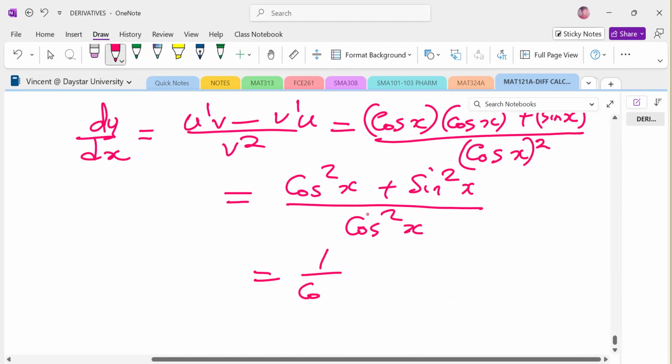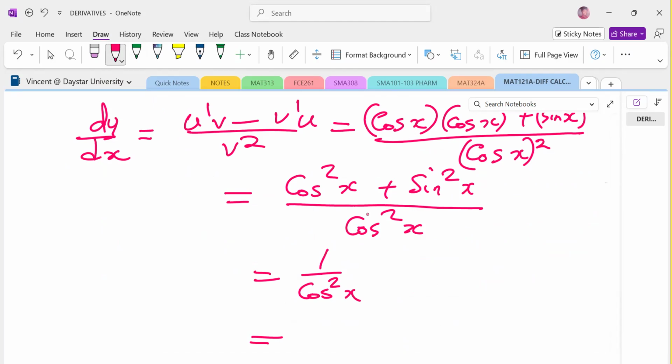So this will be 1 over cos squared x, and 1 over cos defines which ratio? If you go to your toolbox, when we were discussing the trigonometric functions, 1 over cos defines which ratio? Sec.